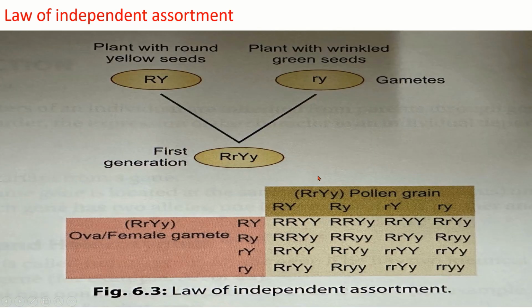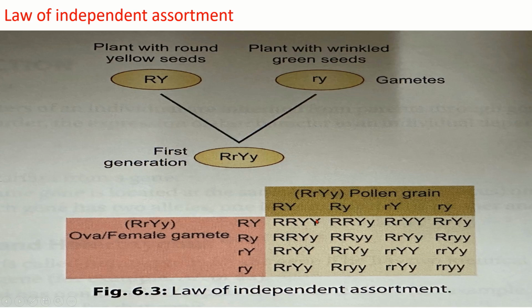Then the law of independent assortment. Two parents differing from each other in two or more pairs of contrasting characters inherit one pair of characters independent of another pair of characters. Now if you see here, capital R stands for round, capital Y stands for yellow. So this is round and yellow seeds, and here it is a plant with wrinkled and green seeds.